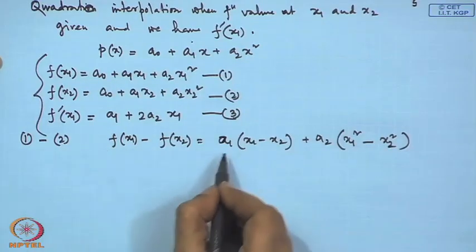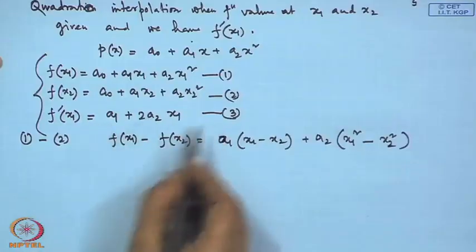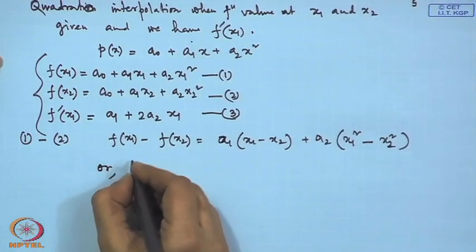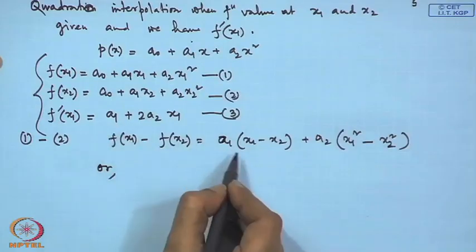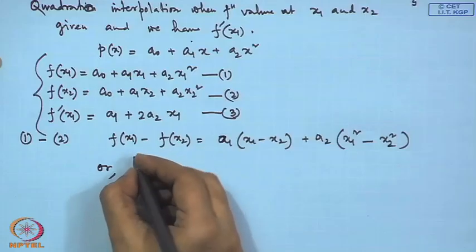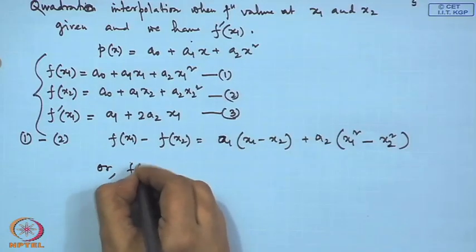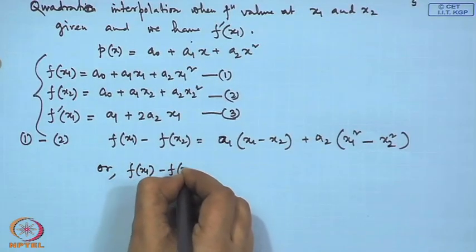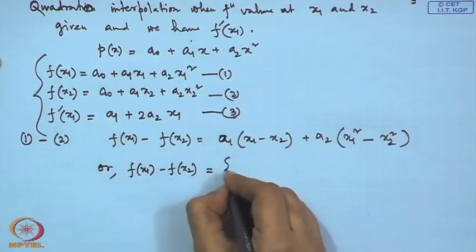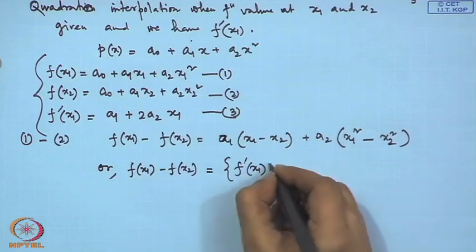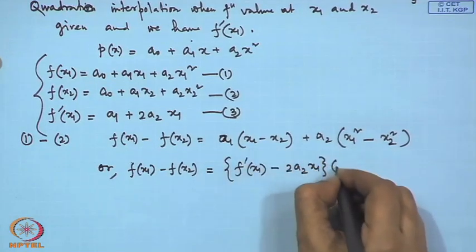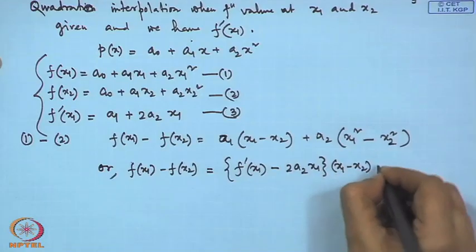Now, we will substitute the value in the third equation. From the third equation we will substitute the value for a 1. Then we will get f x 1 minus f x 2 is equal to, in place of a 1, f prime x 1 minus 2 a 2 x 1, and the rest I will just keep as it is.